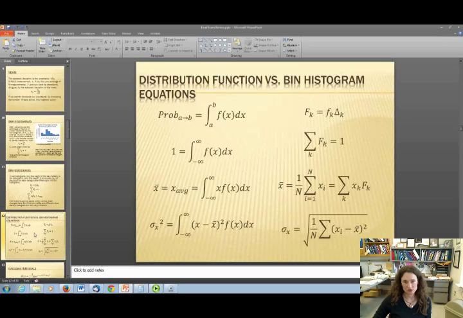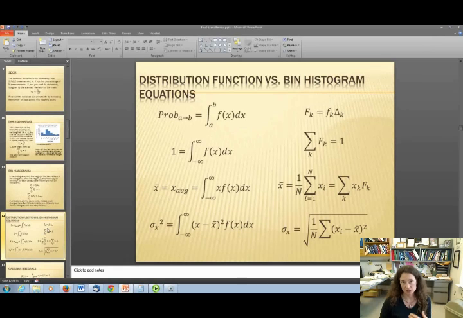Okay, speaking of distribution functions, if you divide your histogram up into small enough bins, so if you shrink the width of the bin more and more and more, then it starts to look more like a continuous function and yet less like a discrete, blocky type histogram. If you do that, then what you've got is a distribution function versus a histogram. So for a distribution function, we'll call that f of x.